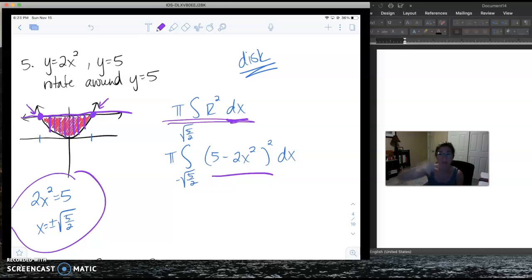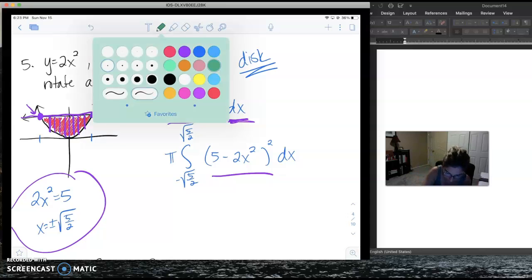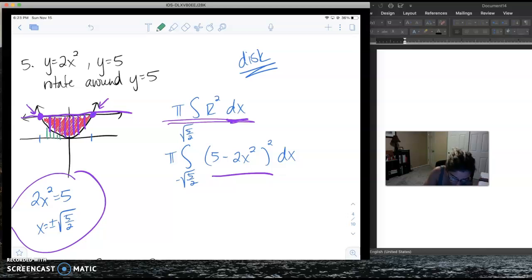Your rectangles aren't always 5, but they're not necessarily underneath. They're not under your function like this, so I wouldn't want to use my 2x squared as my rectangles because that would be the length underneath. I want the distance in between the 5 and that parabola.